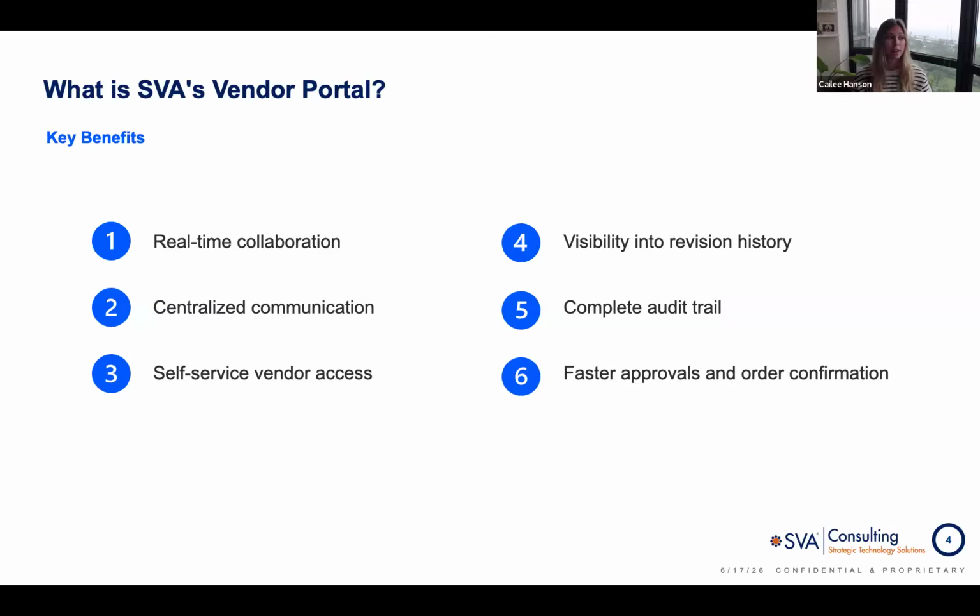Can you deliver the quantity? All of those types of things, they'll be able to self-service a lot of those revisions or requests as well. With any sort of revisions from a purchasing perspective, you'll have full visibility into that history as well as an audit trail. And obviously this leads to faster approvals and faster order confirmation from both ends.